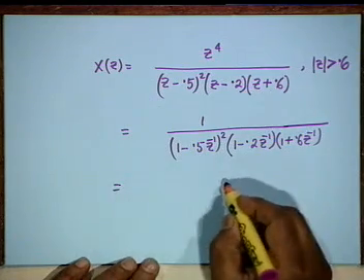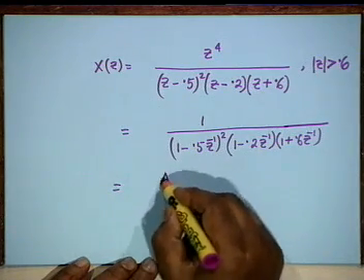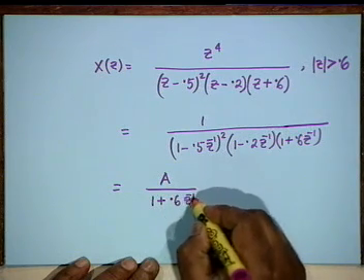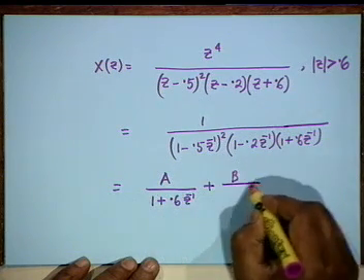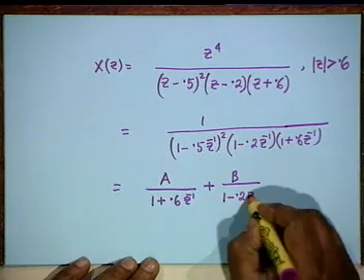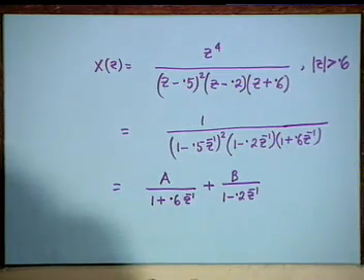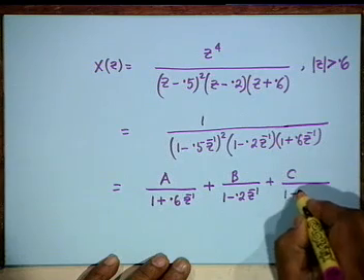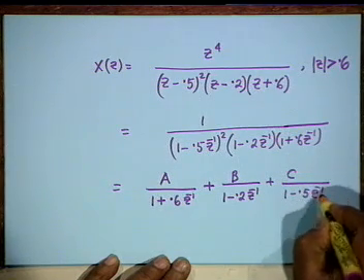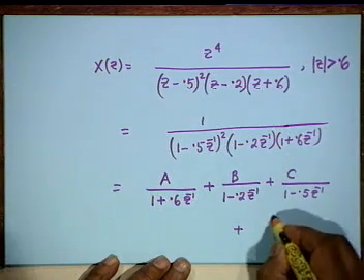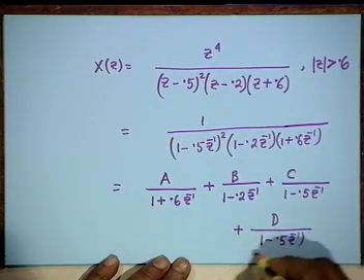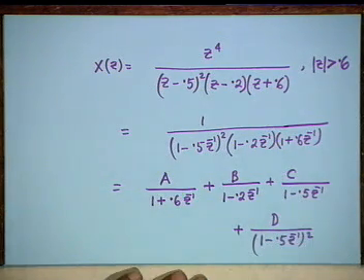And then we write this as, let us say, A by 1 plus 0.6 z inverse plus B by 1 minus 0.2 z inverse, these are single poles, plus C by 1 minus 0.5 z inverse, plus there will be another term D by 1 minus 0.5 z inverse whole squared, and it is this D that creates a problem.